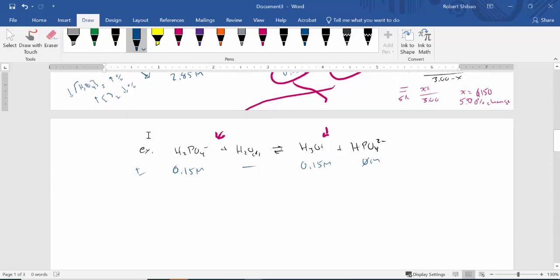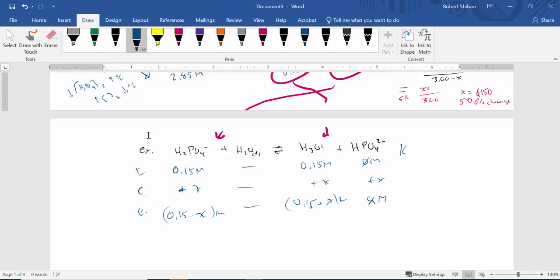Okay, then there's going to be the change, again, which is minus X, plus X, plus X. And water is pure liquid. So we're going to have 0.15 minus X molar, 0.15 plus X molar, and X molar here.